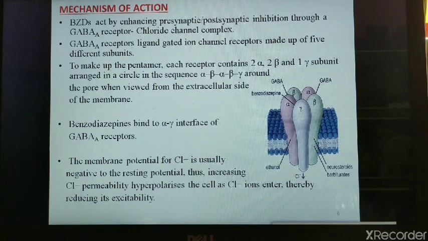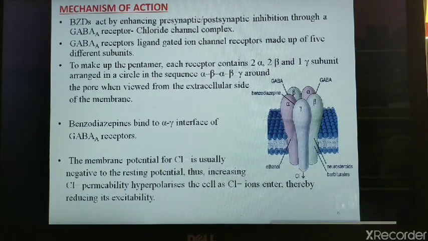We have already studied about the GABA receptor. As we all know, the GABA receptor is present in two forms: one is the GABA A receptor, another is the GABA B receptor. Amongst these two, GABA A is a ligand-gated chloride channel receptor, and GABA B is a G protein coupled receptor.